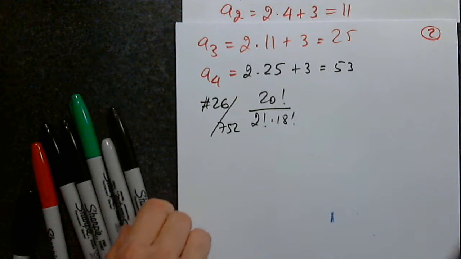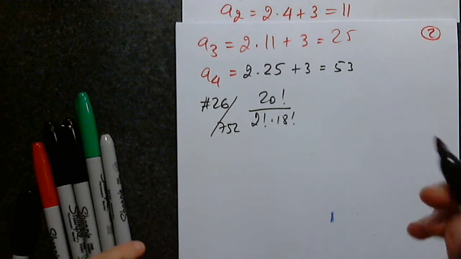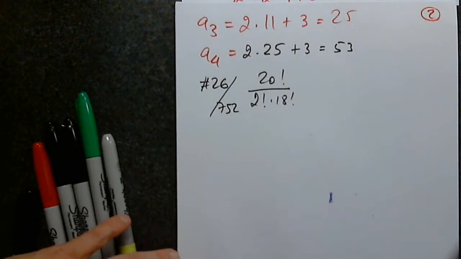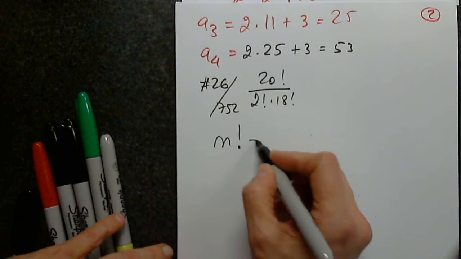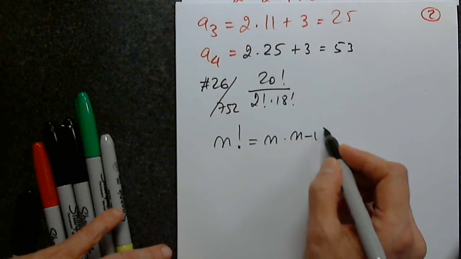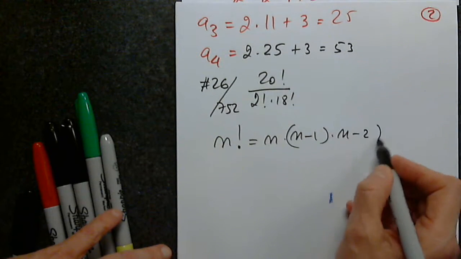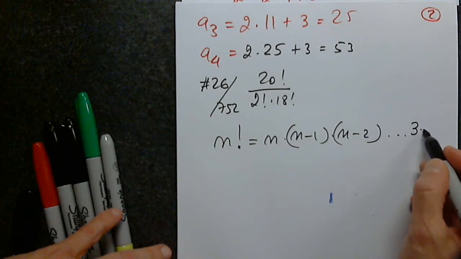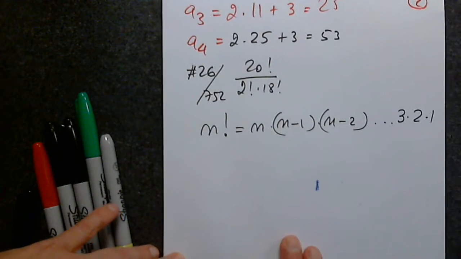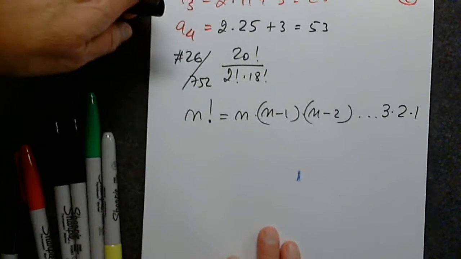Okay, so remember, by definition, n factorial is n multiplied by n minus 1 multiplied by n minus 2, dot dot dot, times 3 times 2 times 1. That's the general form for n factorial.